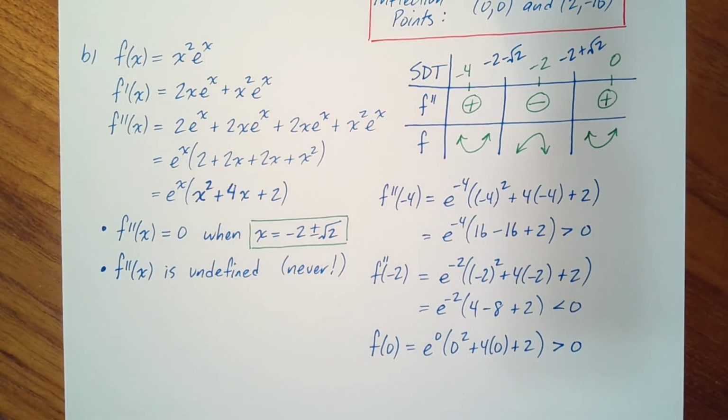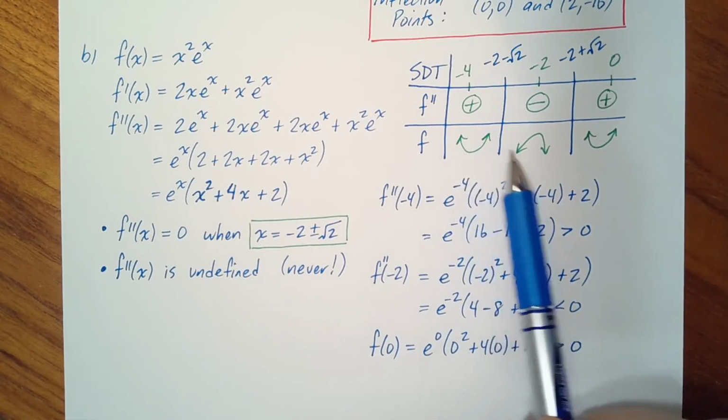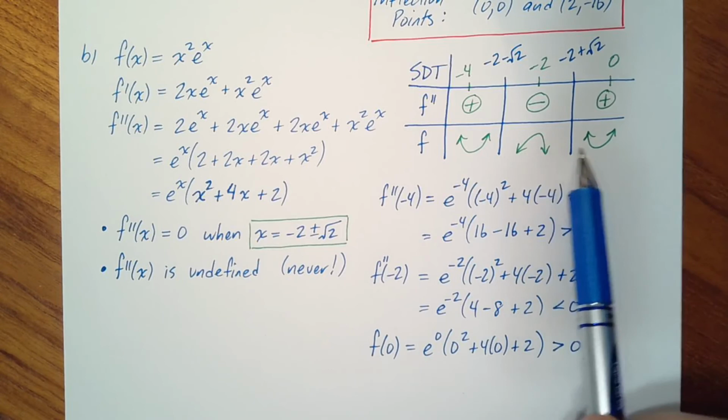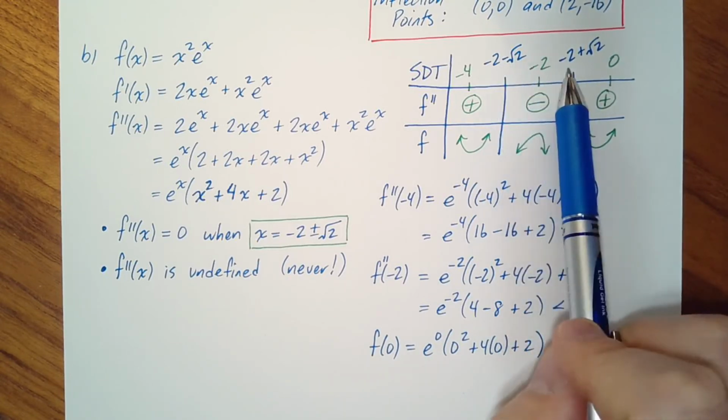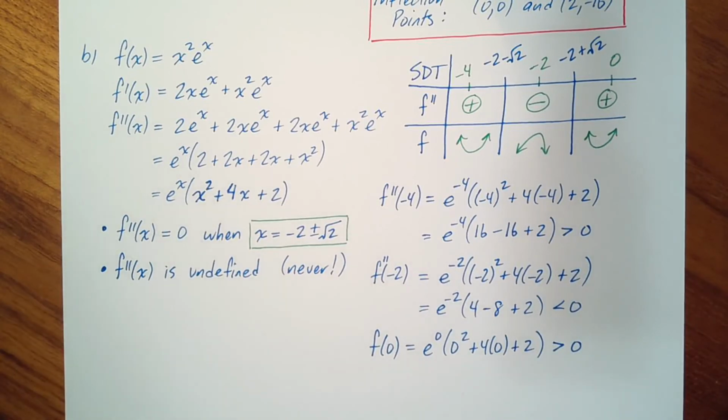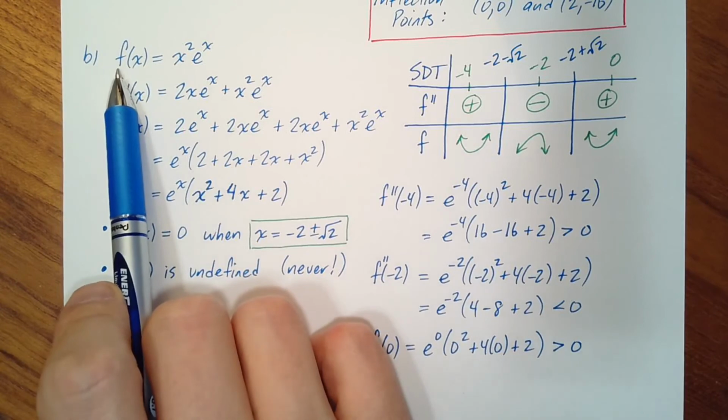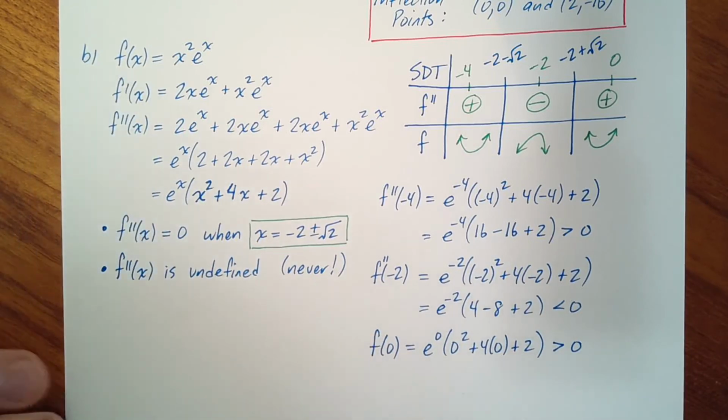Now, are there going to be any inflection points? Well, yes, right? There's a concavity change here, and there's a concavity change here. So there's going to be inflection points with these as the x values. So how do we get their y values? Well, we're going to plug them into the original function, right? So let's do that now.